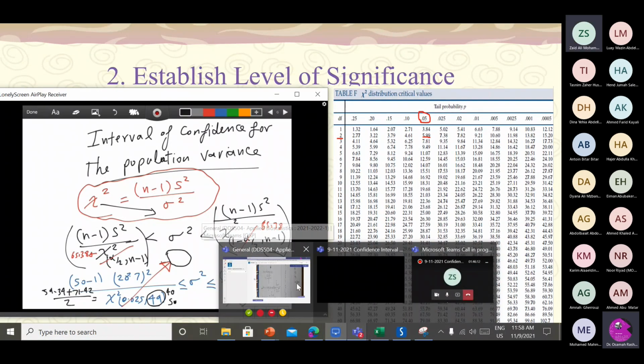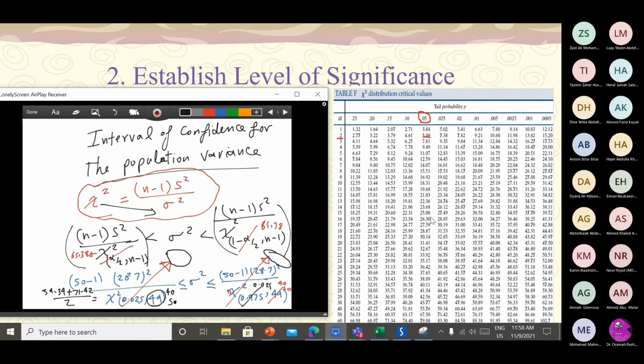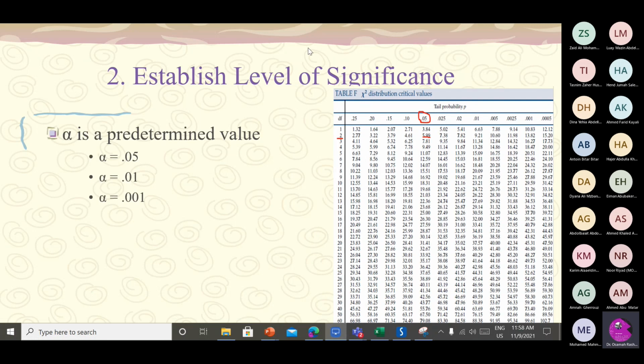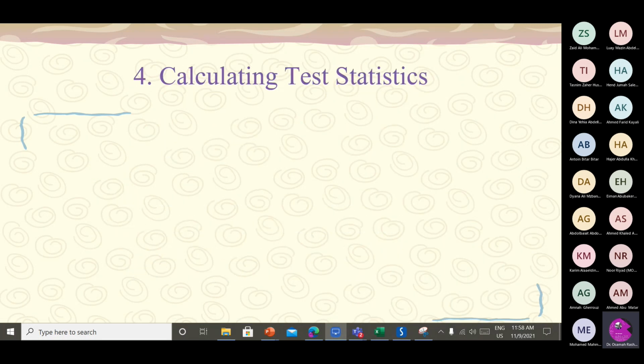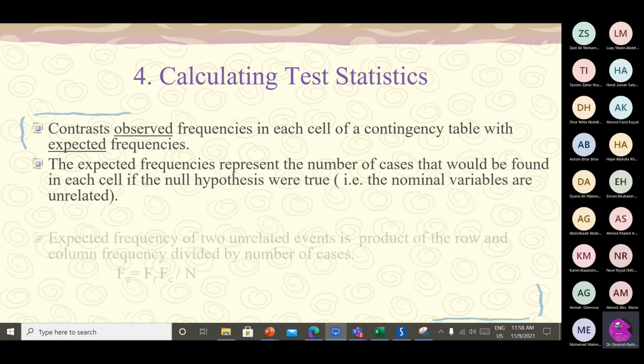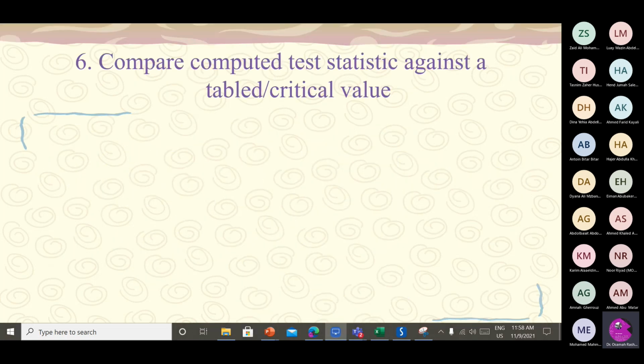Go back to the 0.975. Do you have it here? This is the material. If you remember this one, how to use the table. Go back to this one and check how to find the chi-square.